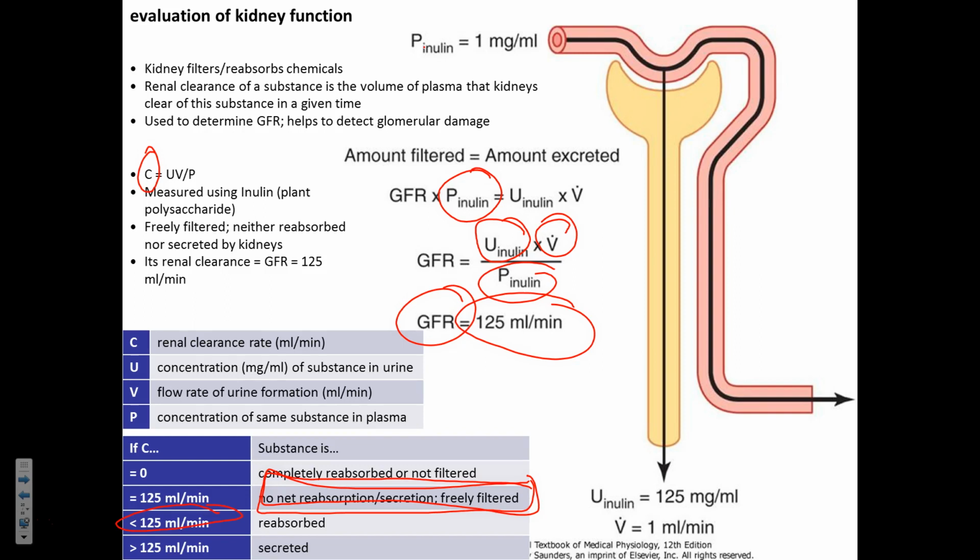If GFR becomes 60, then it's a problem. Okay, and I think 30 is the dialysis. Or kidney transplant, which is, by the way, totally doable. Yeah, the only problem is to find a match.